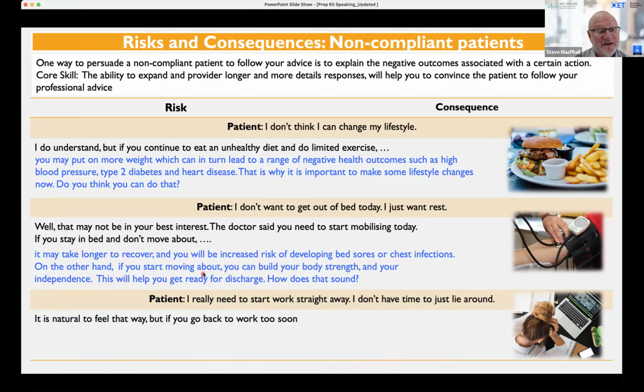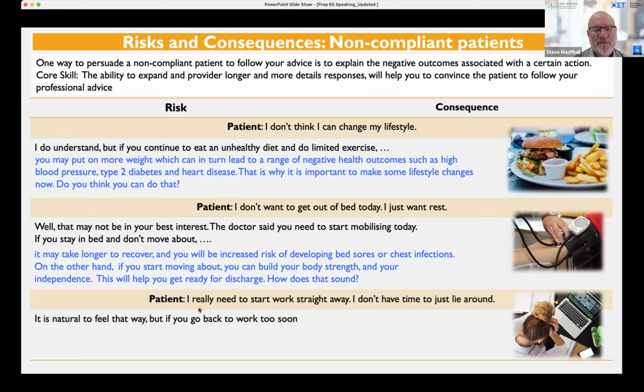On the other hand, if you start moving about, you can build your body strength and your independence. This will help you get ready for discharge. How does that sound?" So again, we're talking about the negative consequences, bed sores, chest infections, and we're also talking about the positive implications of following the advice of the health professional.